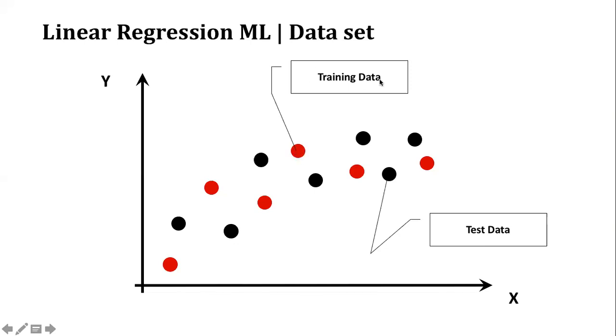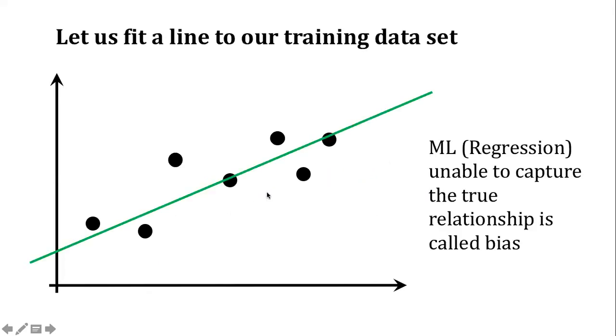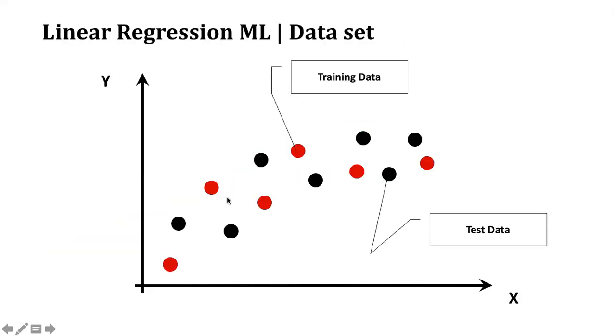The red ones are training data, the black ones are test data, right? Let's say we have split the data set into two.